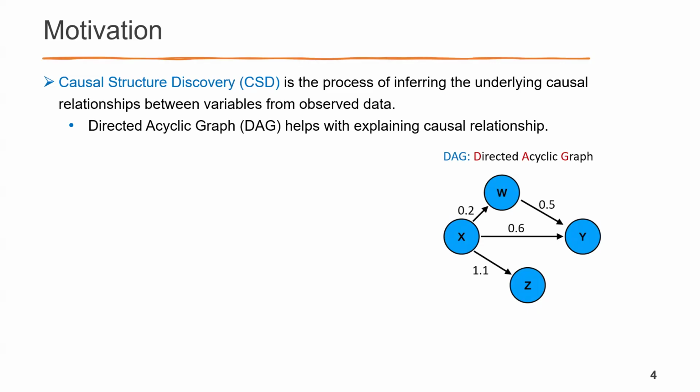Most CSD research focuses on the direction of causal relationships, but some models also provide weights for each edge, known as causal strength. If we know the causal strength, it is easier for us to understand how much the cause side variables contribute to the effect side variables.